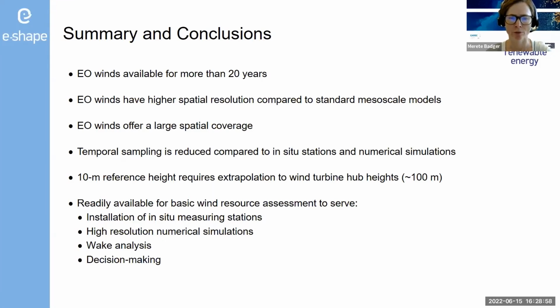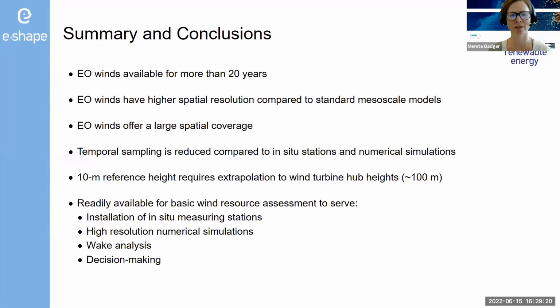So it's just about balancing the demands on computational efforts with the need for the data. The temporal sampling is not as good as for other data sources, as I mentioned. So I think nobody believes that EO will be the solution to everything.